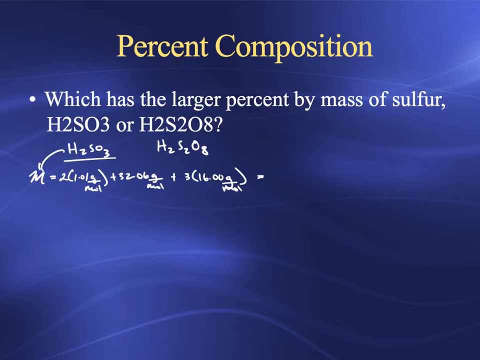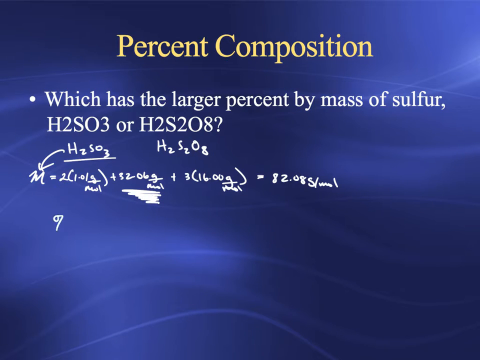So this is for this first compound here, H2SO3. The molar mass of that whole thing, so 2.02 plus 32.06 plus effectively 48, and that is 82.08 grams per mole. And if I want the percent composition of sulfur, well, this is all the mass due to sulfur right there.